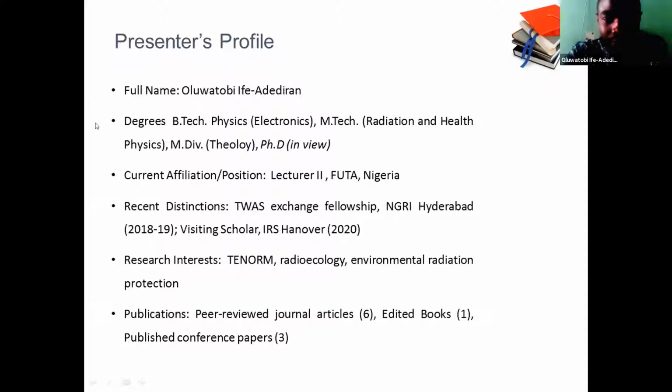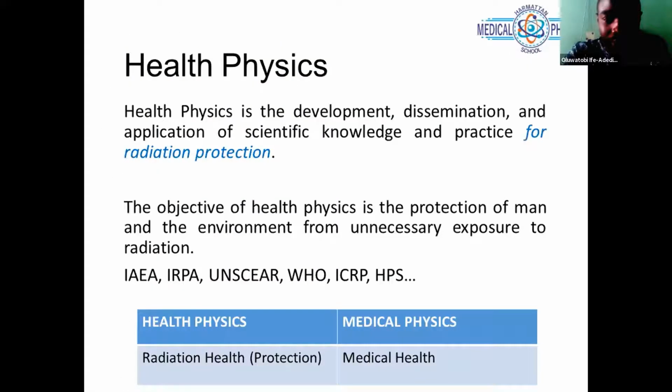in radiation protection. Okay, so we are looking at an introduction to health physics. What do we mean by health physics? Now, yesterday we looked at introduction to physics in healthcare, and that is quite close to health physics. But specifically, health physics is the development, dissemination, and application of scientific knowledge and practice for radiation protection.